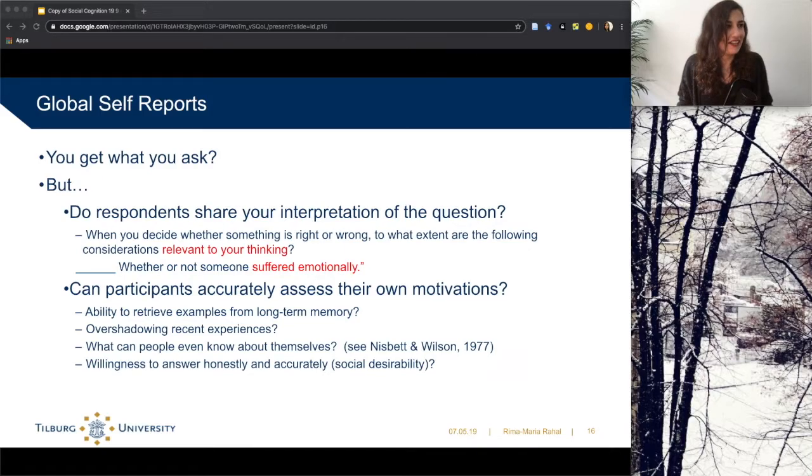And finally, we could even wonder if people are even willing to honestly and accurately give answers to these questions. And in particular, when it's about morality and prosociality, social desirability might actually play a big role. So I know that I should have a certain perspective on this. I should always consider people's emotional suffering a lot.